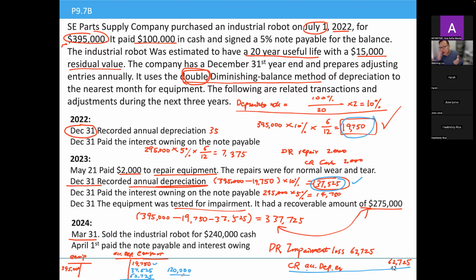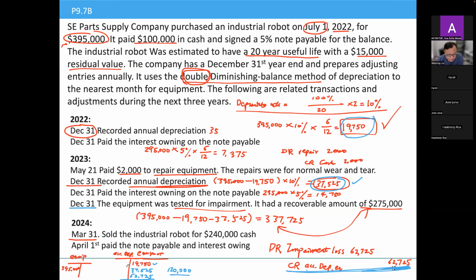But when we're talking about balance, we have to talk about the date, right? Because the balance is changing all the time. So this balance is for which date? That's important. When we do this journal entry, this is the impairment testing, right? The impairment testing was done December 31st, 2023.